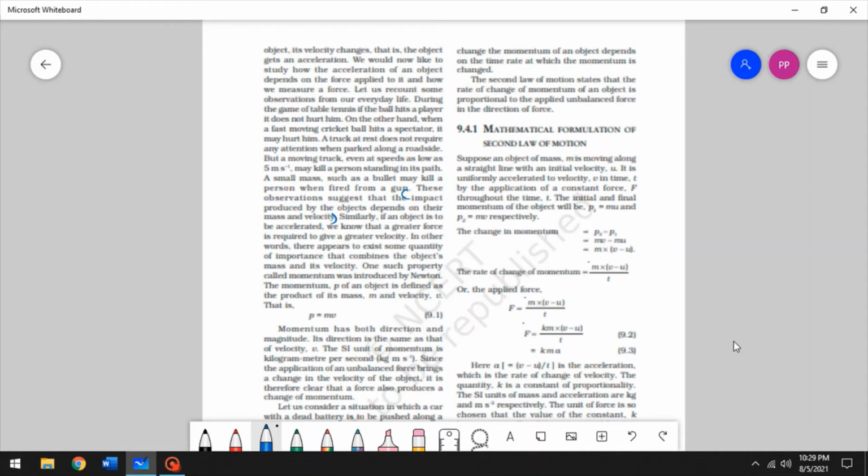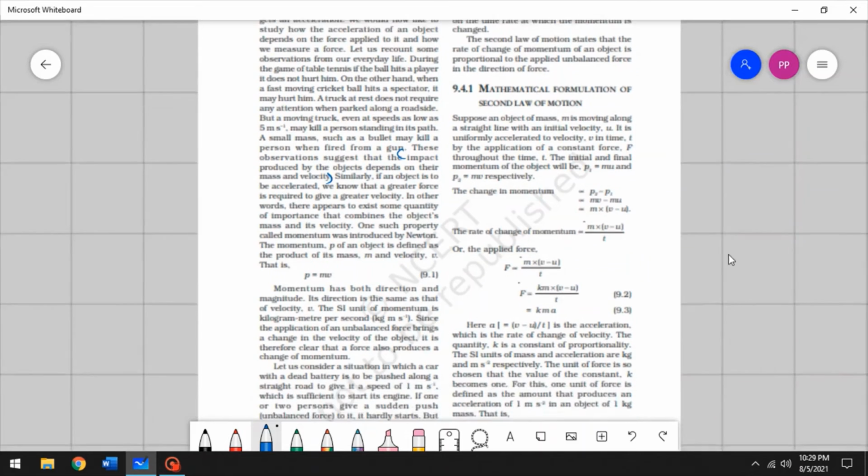A bullet is very light compared to a truck, or a cricket ball, or any other heavy object, like even your laptop, unless it's really sleek. But when a bullet is fired from a gun, that velocity is enough to kill a person or anything.